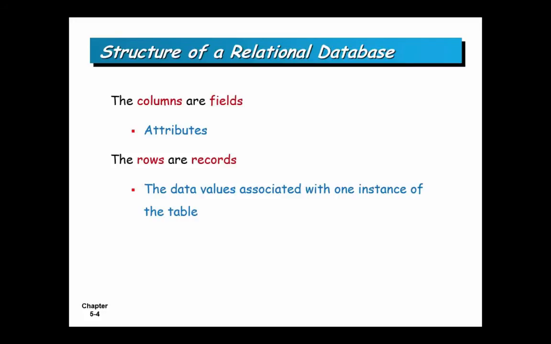It could be the customer, and then it could be their name, address, etc. The rows are the various records or the various customers for a customer database. So each row is unique and it represents one instance of that table.